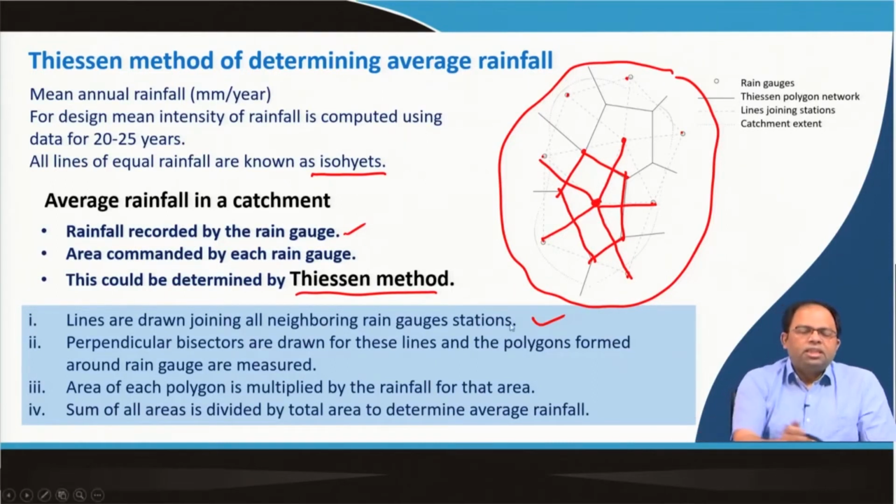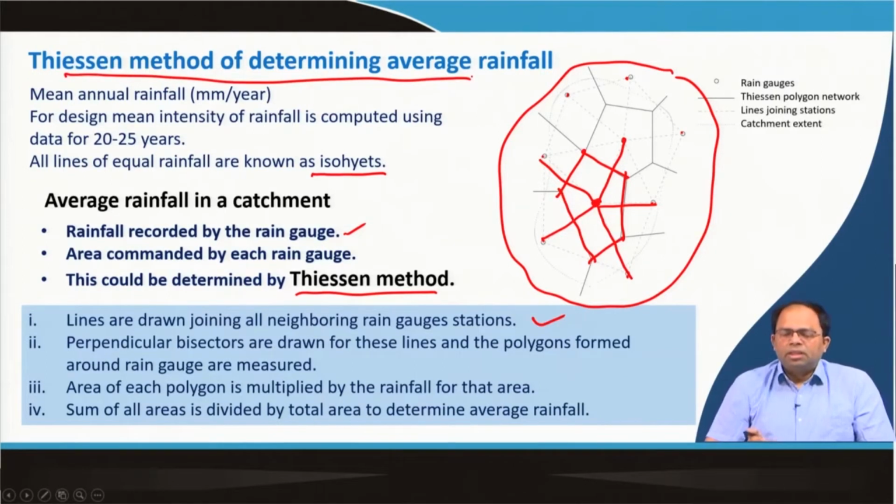So this is the Thiessen method for determining average rainfall, and it is used not only for measuring rainfall, but for many other things, wherever we need to assign areas to particular points and divide an area into polygons.